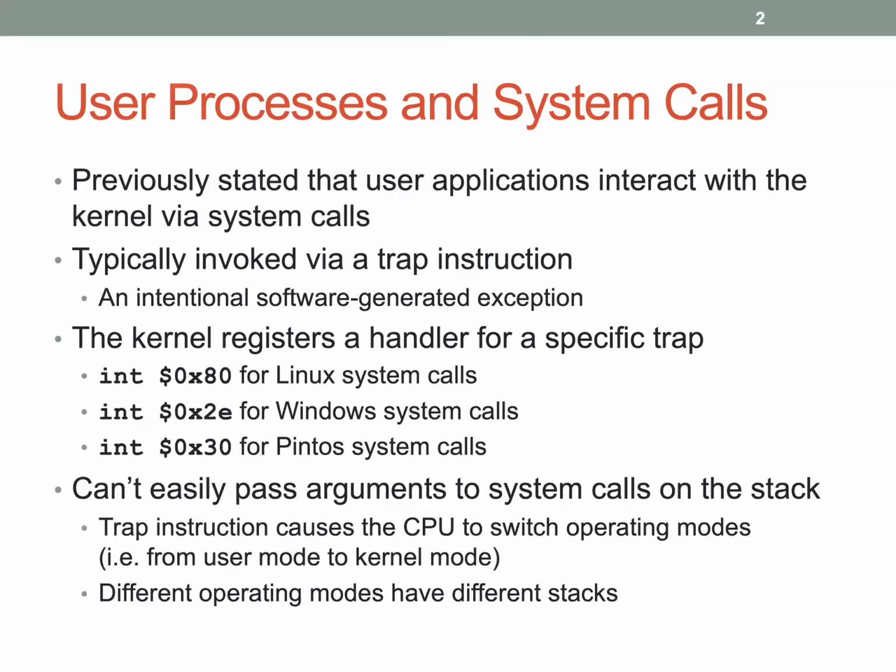It's really kind of difficult to pass arguments on the stack because the system call handler actually operates with a different stack than the user space program that invoked it, or the user mode program that invoked it. Remember that on most of our modern processors, different operating modes have different stacks because we want to isolate the operating modes from each other, especially if we have different protection levels and very different capabilities in these different modes.